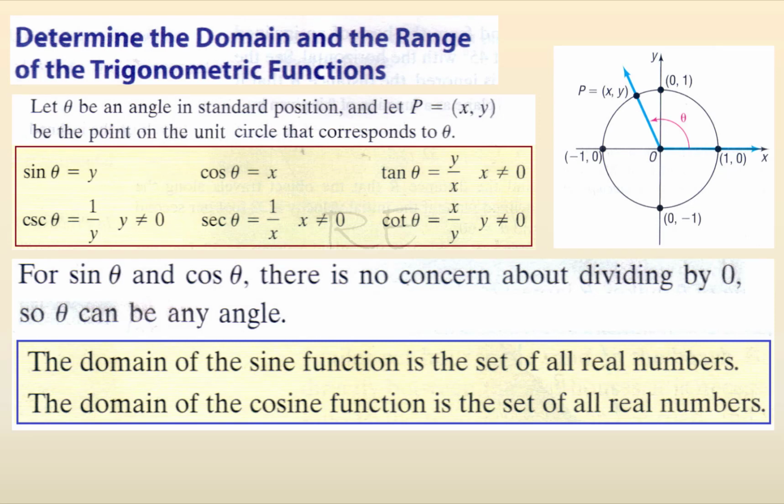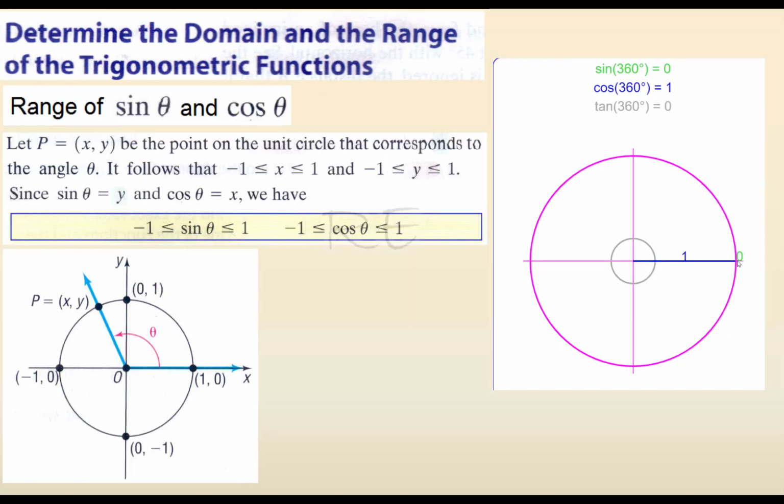Sine is equal to y and cosine is equal to x. We're not concerned about dividing by 0. Therefore, we can take the cosine and sine of any angle. The domain for sine and cosine is the set of all real numbers.